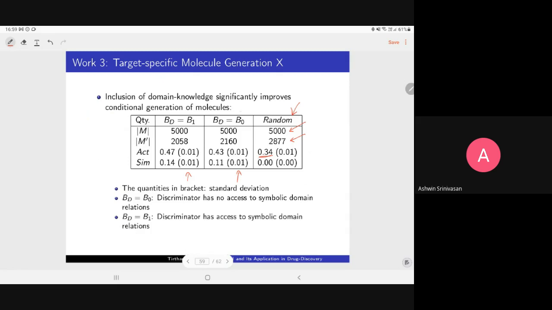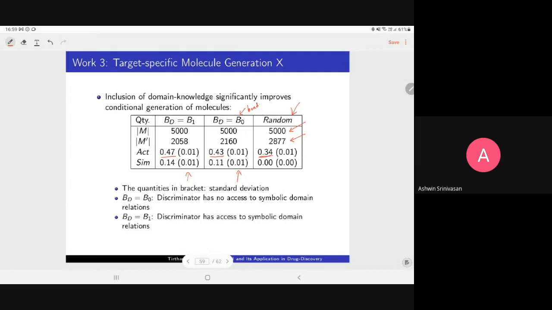Whereas if we have access to domain information, in this case only bond information, and not additional domain relations like functional groups and rings, the activity jumps from 0.34 to 0.43. And if we additionally incorporate functional groups, rings, and other higher order relations, we get activity jumping to 0.47.